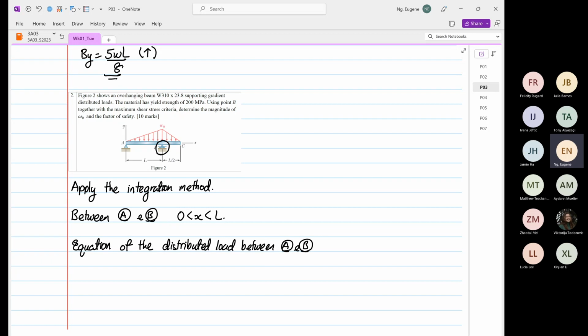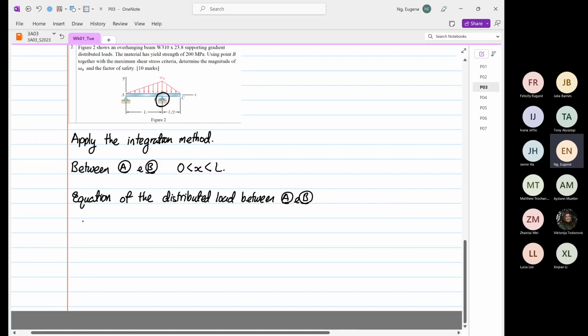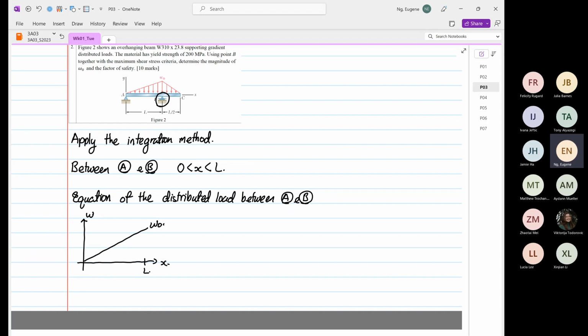So I'm going to draw a graph over here. This is our x and this is our omega. If this distance is our L, we have this graph with omega naught. I just sketched this slope, and as a function, I call it omega.